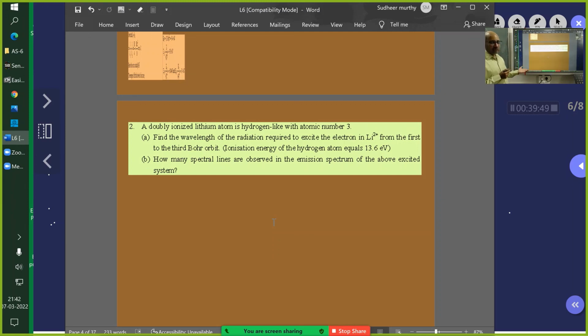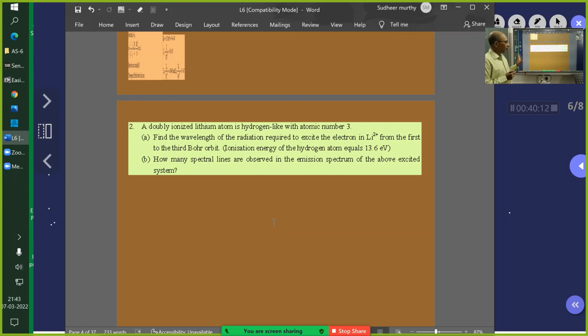I think you can do it orally also, right? It will be 13.6 into atomic number is 3, so 13.6 into Z square, Z square will be 9. 9 into 13.6 into bracket, wavelength to excite from first level, that is 1 upon 1 square minus 1 upon 3 square.